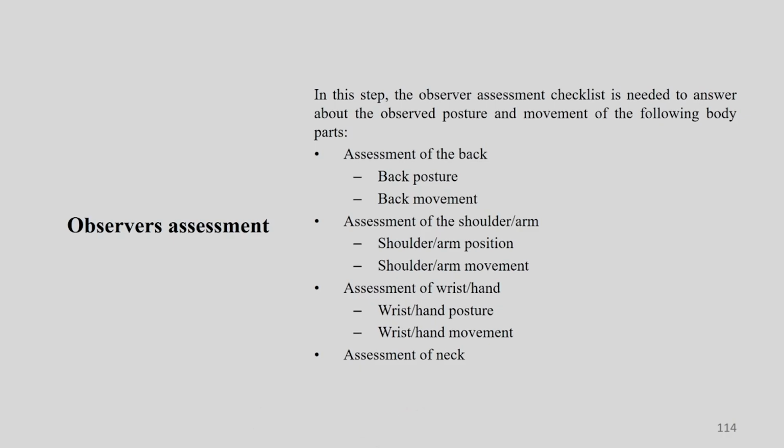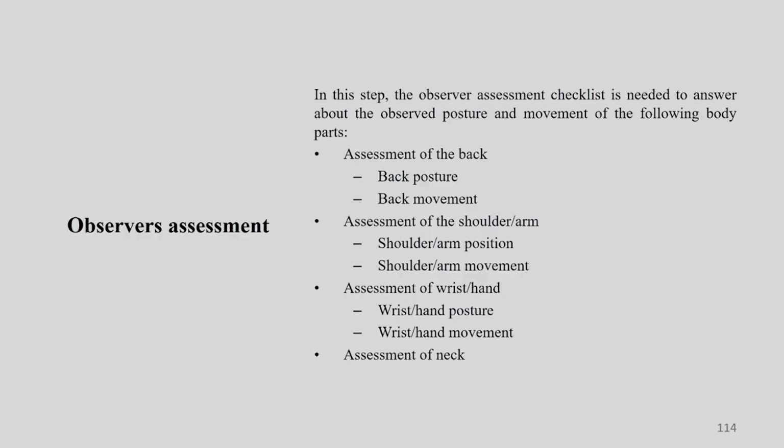One is back posture, another is back movement. If you recall any other posture assessment tool like RULA, REBA or OWAS, we only talked about the posture, we never talked about the movement, right? So in QEC we are talking about back posture as well as back movement.